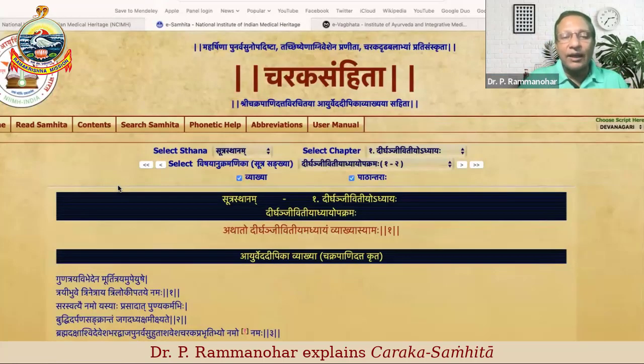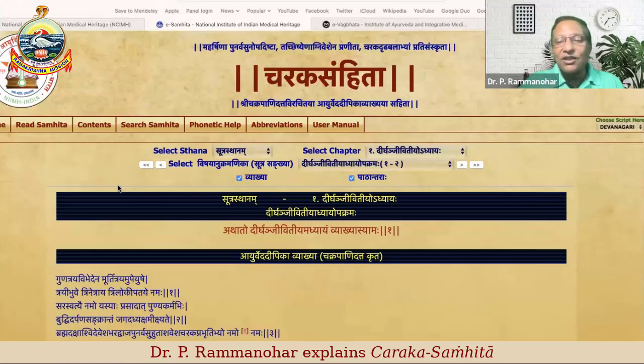So here is the first chapter, Athādo Dirghanjivitiyam Adhyayam Vyakhyāsyāmaha. Usually we just read this passage very casually. You would just say, okay, this is the name of the chapter, that's it. But we cannot take it so lightly. There are so many things conveyed by just this one small phrase.